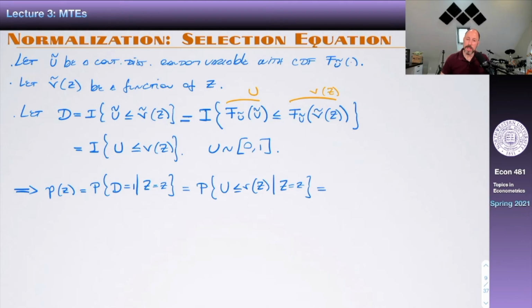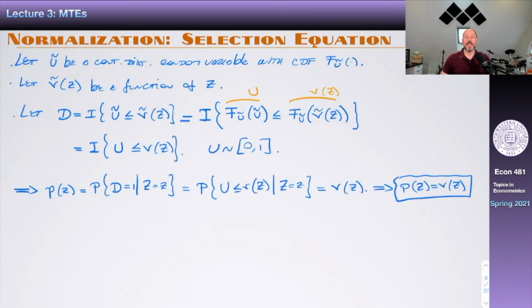Then remember that z and u are independent and u is uniform. So this is b of z, which leads us to the result that the propensity score is equal to this function over here.